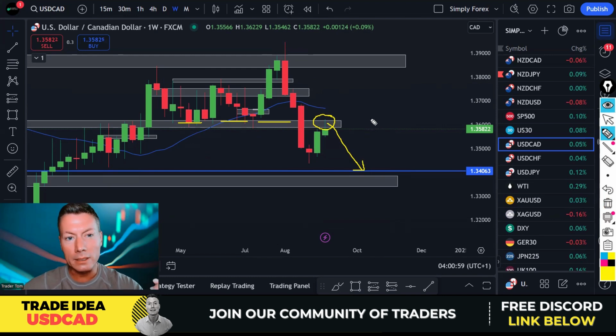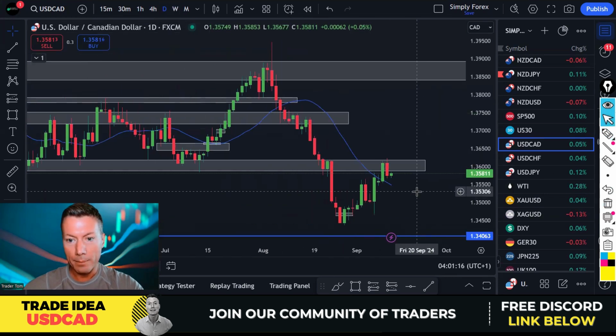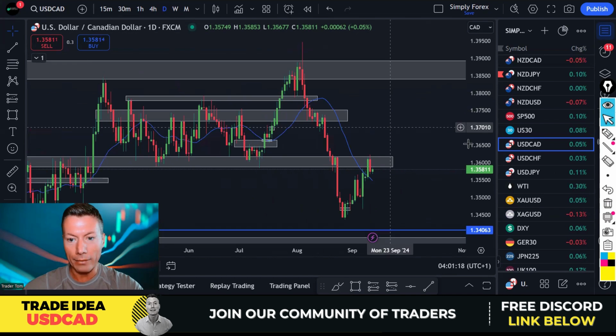So this supports my idea that I'm not willing to keep trading US dollar strength, right? And it also supports the Euro CAD sell trade that I have. Okay, and if we look at the day chart, we got a nice bearish reaction at that level. So US dollar CAD is something I'm keeping an eye on as well at this level.